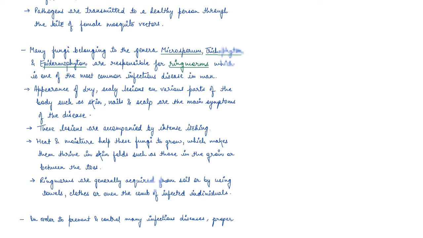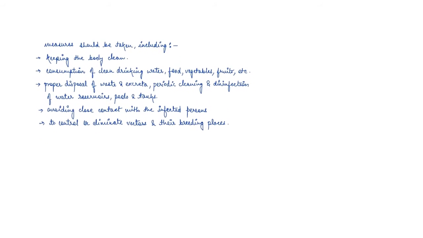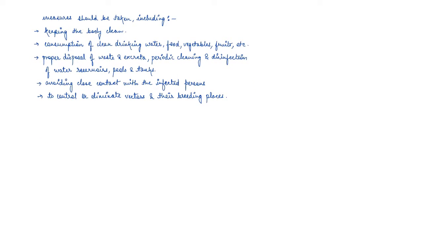In order to prevent and control these diseases, it is very important that you maintain proper cleanliness, right? And that is why there are certain points which should be taken into consideration. You should keep your body clean. You should consume clean drinking water, clean food, vegetables, fruits.